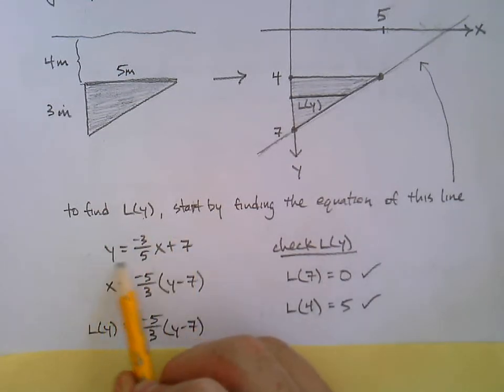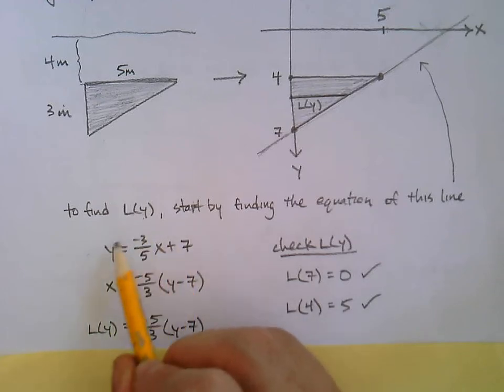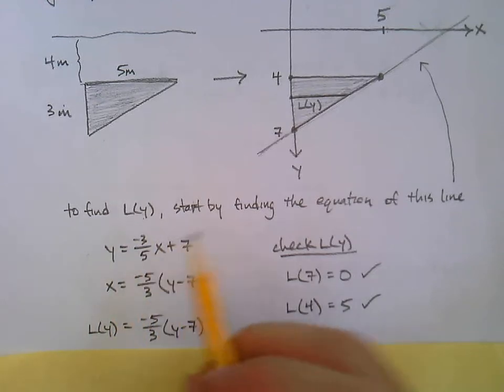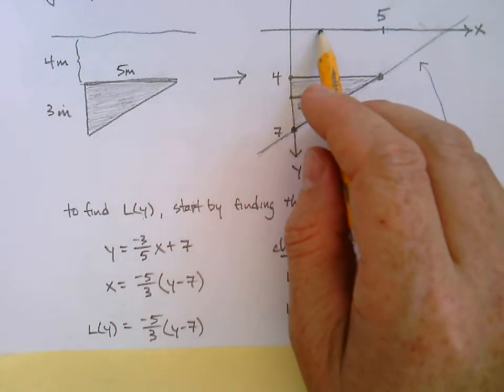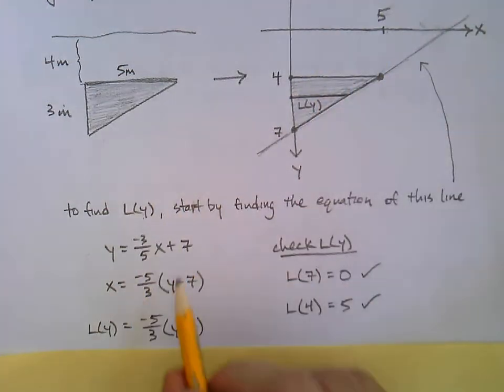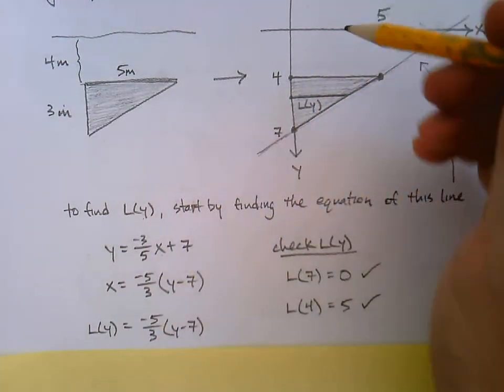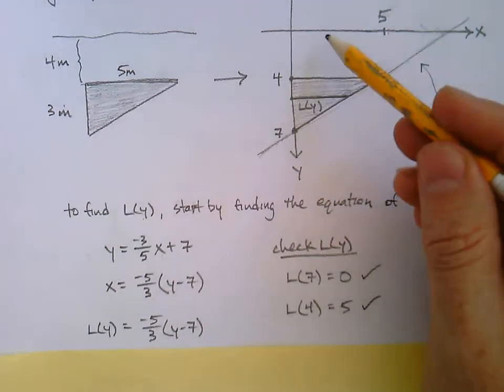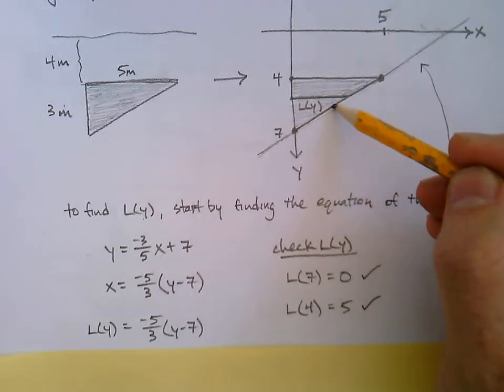What is this equation here when it's solved for y in the more familiar way? What is that equation really telling us? It's telling us wherever we choose to pick our x value, if we plug that x value in, that's the distance from the x-axis to the point on the line.